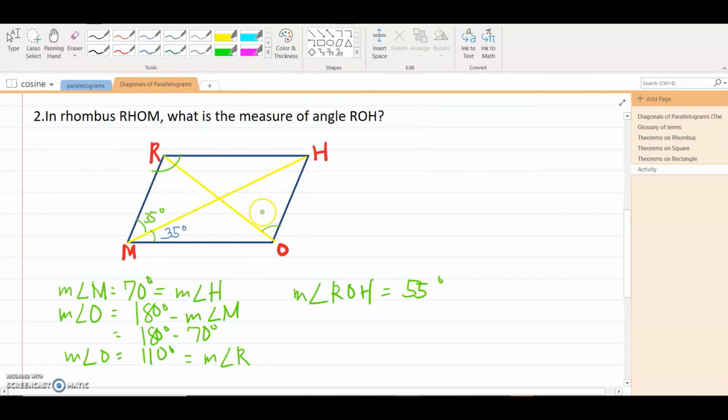Okay, so this is 55. The other angle ROM is also 55, since the measure of this whole angle is 110 degrees. So the answer is 55 degrees.